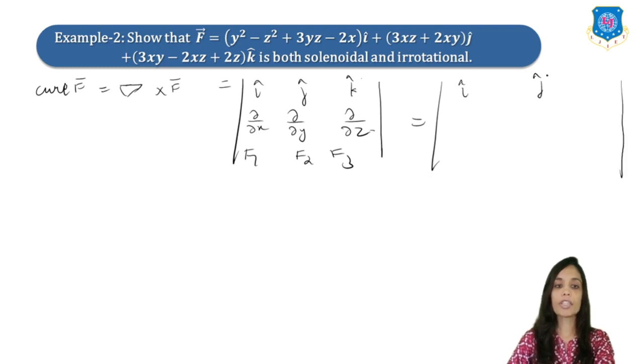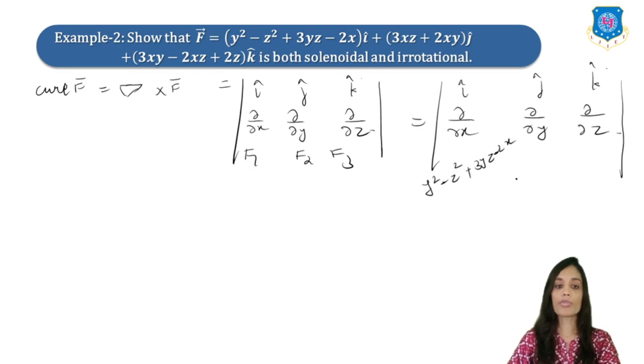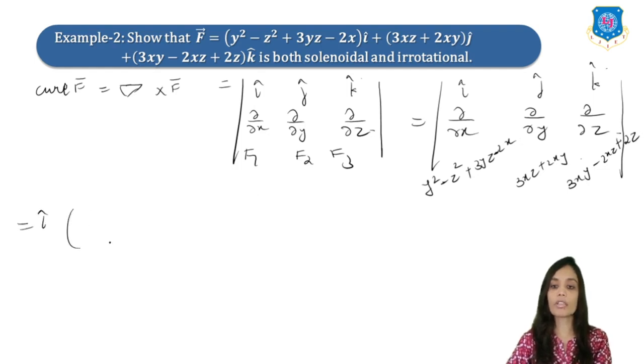Your f1 is y square minus z square plus 3yz minus 2x. Your f2 is 3xz plus 2xy. And the last value, f3, is 3xy minus 2xz plus 2z, right?